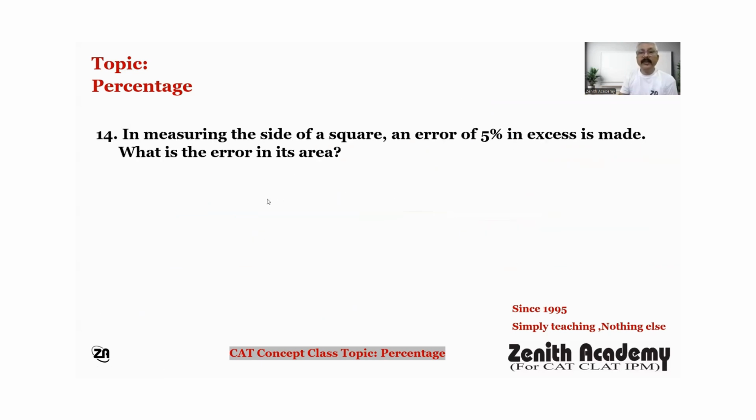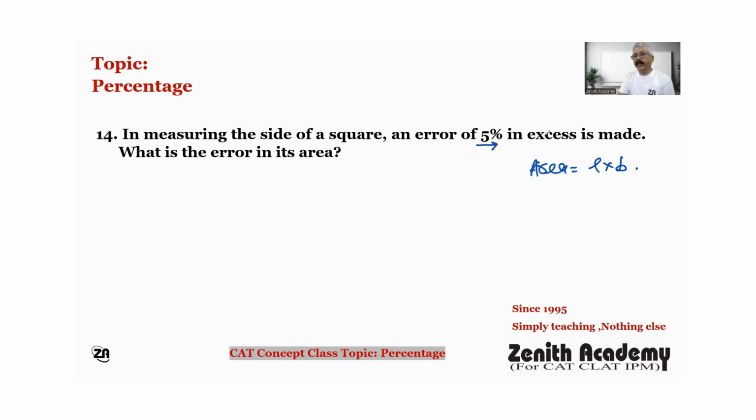Next is, in measuring the side of a square, an error of 5% in excess is made. What is the error in area? So, you know, area is actually length into breadth. So when you are measuring the length, there will be 5% error, and at the same time when you measure the breadth, again 5% error.